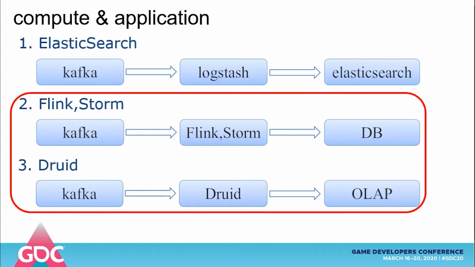One is to process the data through an engine like Flink or Storm, and then write into the database system. The other is to directly transfer the data from Kafka to a real-time data analysis database like Druid for online analytical processing, so-called OLAP.